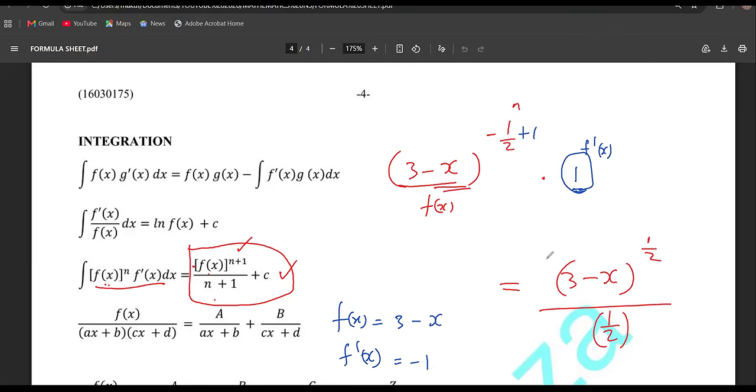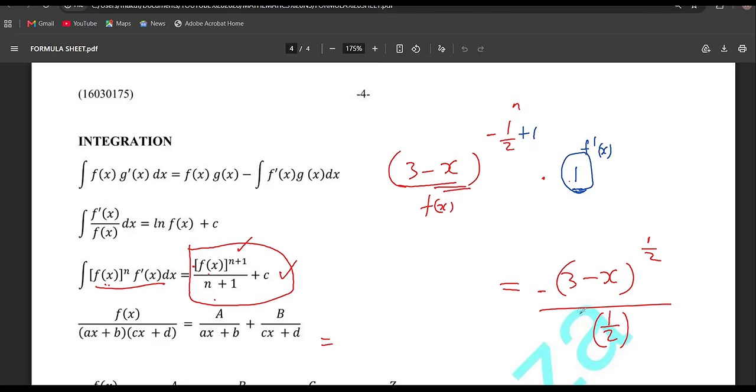This is what you simply obtain from integrating by applying inspection. But like I said, since our derivative is supposed to be a negative and we have a positive, we're going to put a negative on our answer.